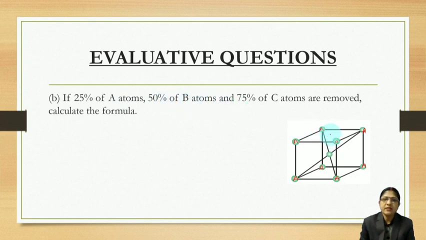B is face center, that is B. Front face, and another one back face. 50% of B atoms and 75% of C. C is edge center, twelve edge centers are there.